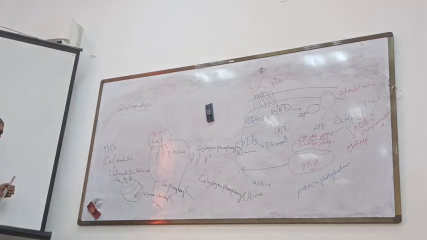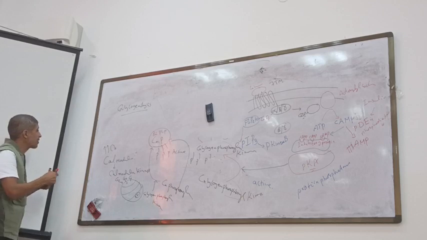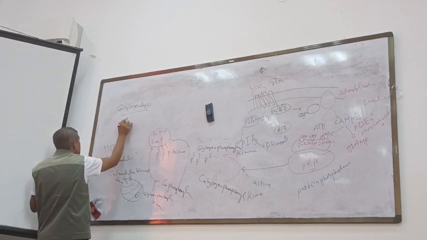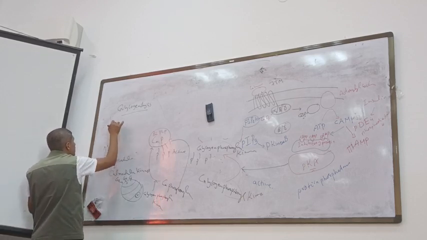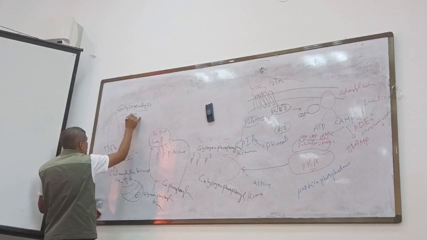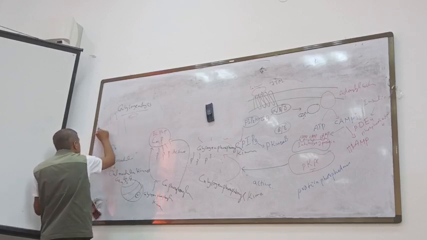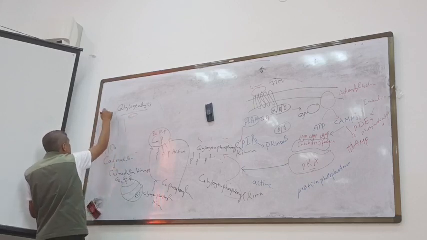Steps of glycogenolysis. Number 1. There is glycogen with chain branching.